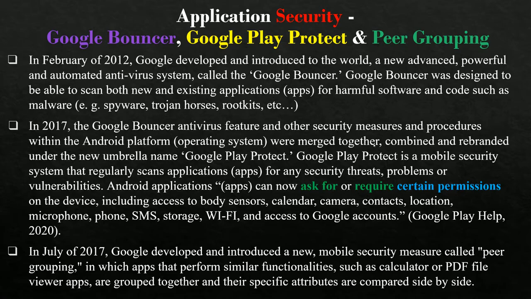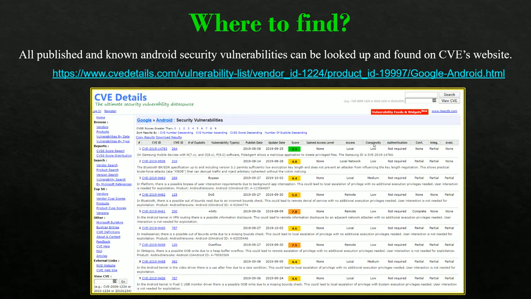Yeah, that asks for or requires user permission. Now, if you want to see all the Android vulnerabilities that have been found, this is not the only place, but it's one of the places that gives a pretty good, detailed, ordered list.